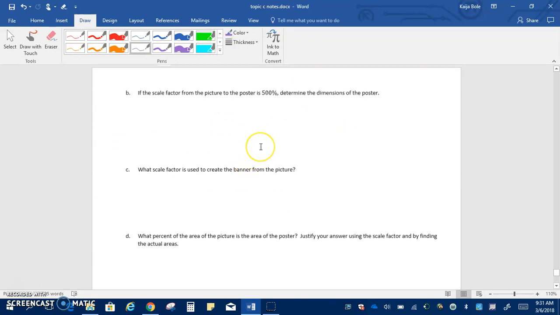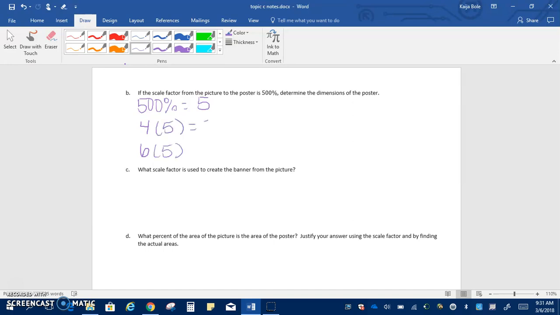It says if the scale factor from the picture to the poster is 500%, determine the dimensions of the poster. So first of all, we're going from 500% to a decimal, which would just be 5. So that means we're taking our dimensions from the picture, which were 4 and 6, and we're going to multiply them both by 5.